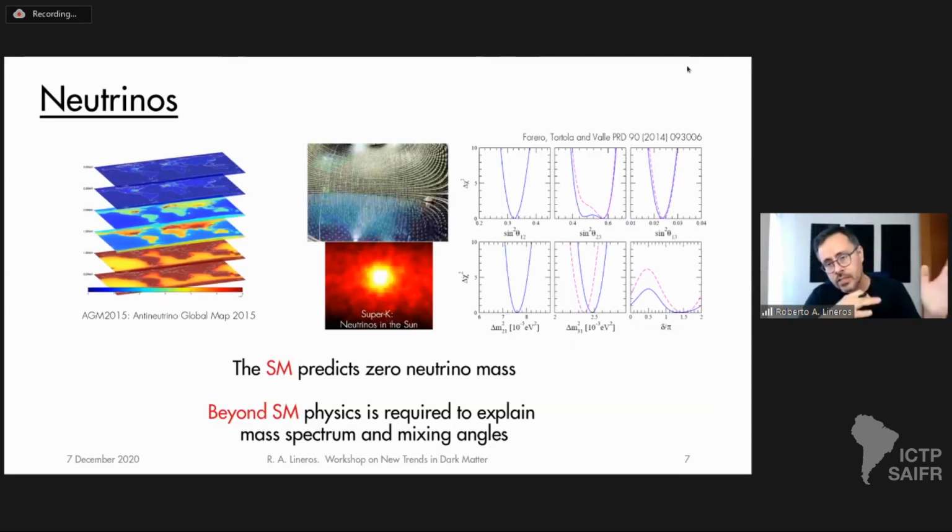On the other side, we have neutrinos, which are very interesting particles by themselves, especially because there are many Nobel Prizes surrounding different aspects of neutrino phenomenology.